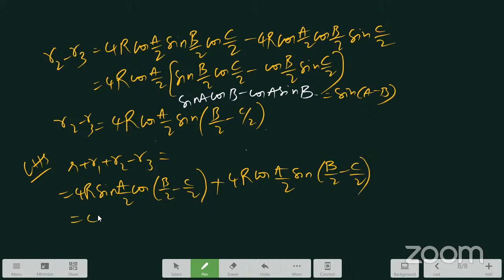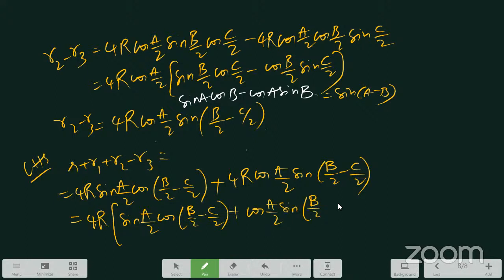That is nothing but 4R common, sin A by 2 cos of B by 2 minus C by 2 plus cos A by 2 sin of B by 2 minus C by 2.